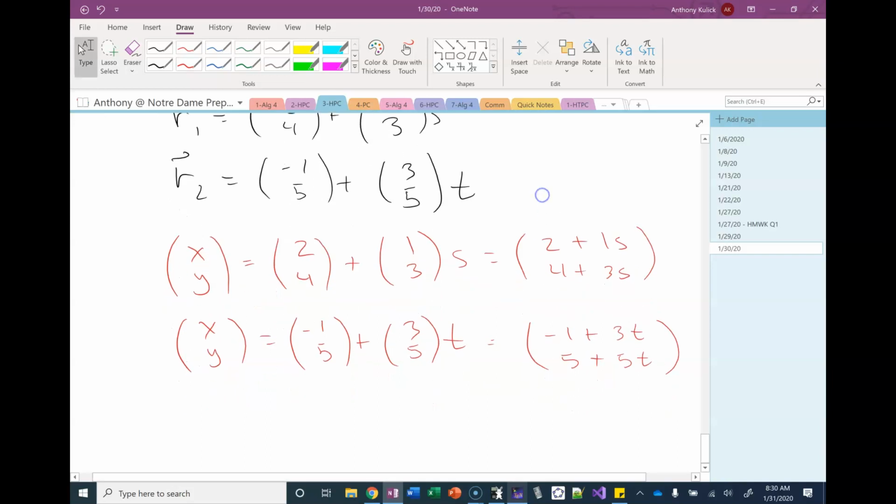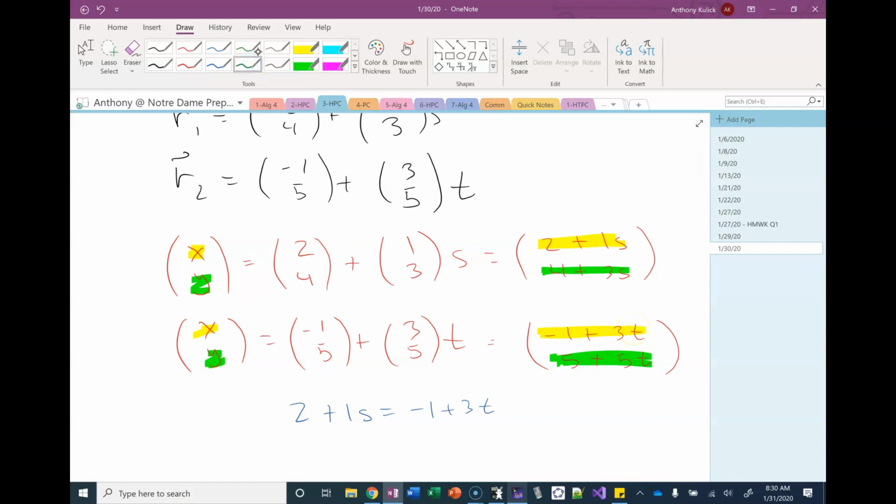Okay. So what I'm going to do then is take these values for x, because I know x is equal to 2 plus s. And I also know that x is equal to -1 plus 3t. So I can set those two things equal to each other. And similarly, I know that y is equal to 4 plus 3s. And I know y is also equal to 5 plus 5t.